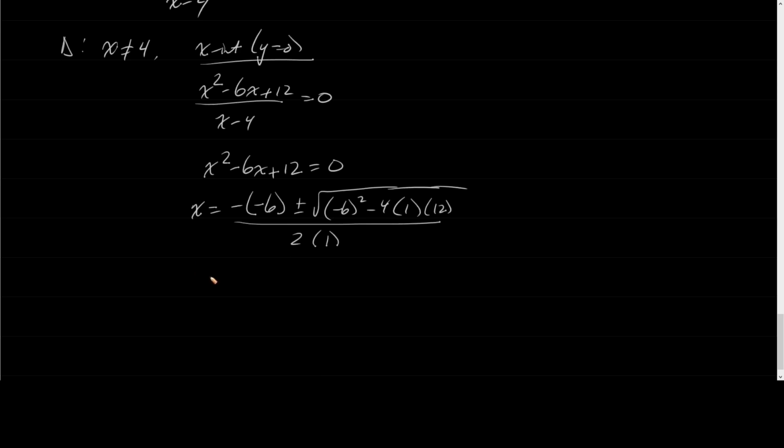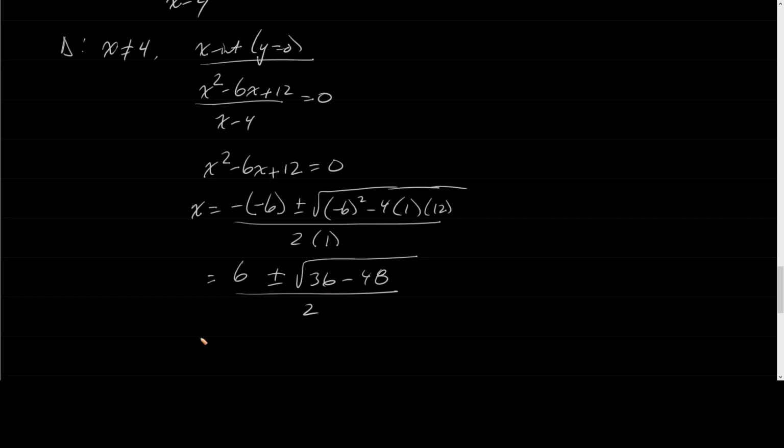And what does that give us? Well, let's see. Negative 6 is positive 6, plus or minus the square root of -6 squared, that's 36, minus 4 times 12 is 48, all of this over 2. Notice here that 36 minus 48 is -12. And I've got a square root of -12. That doesn't work.